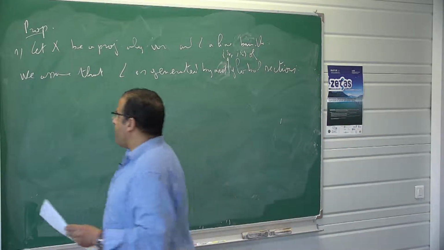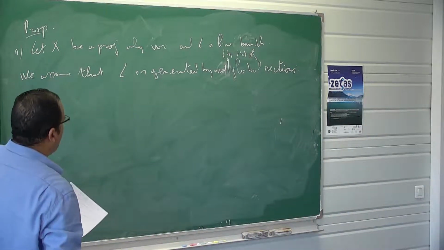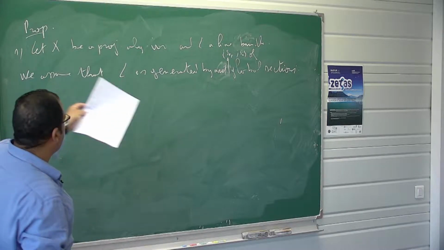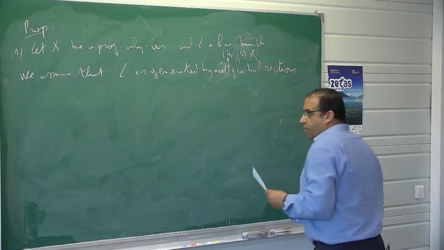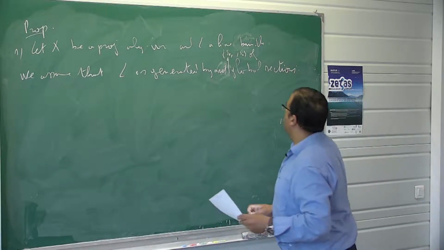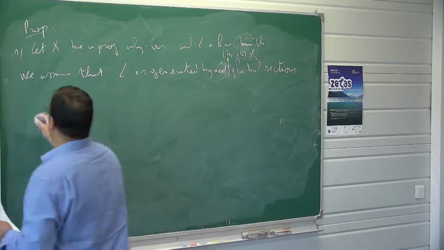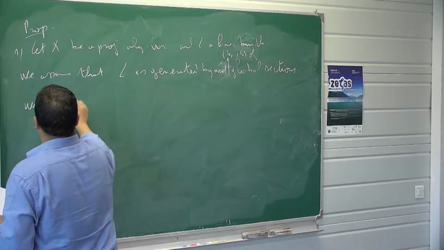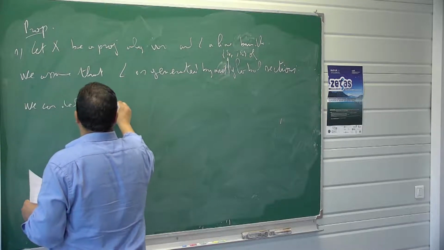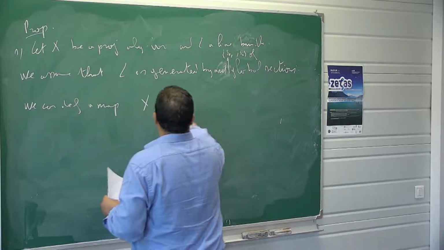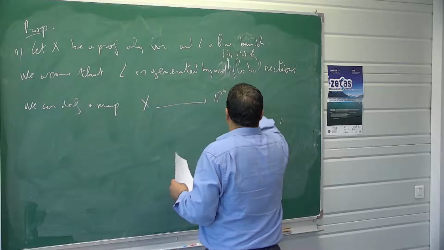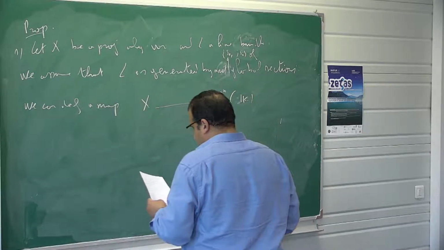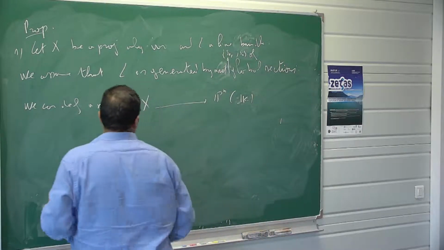So we can define a map from X to the projective space P^n in this way.